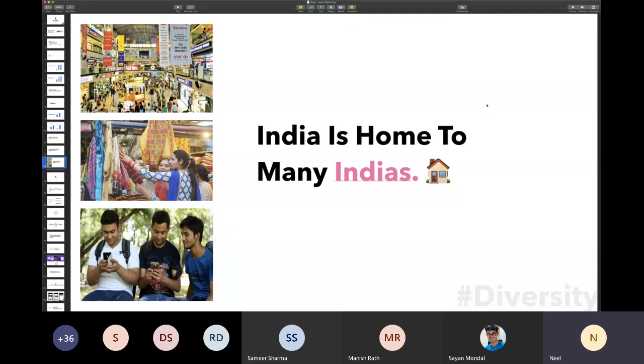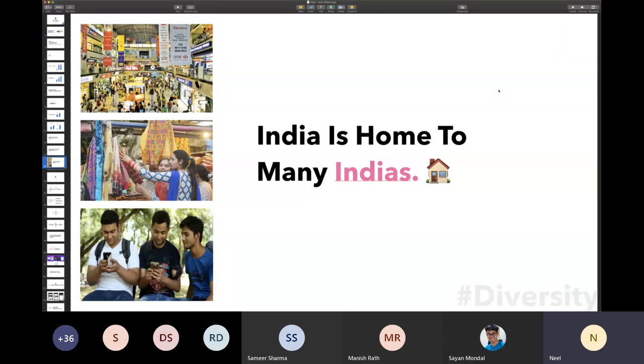To put things into perspective, let's just say that India is home to many small Indias, which could differ from region to region and across different cultures and sections of society, where lifestyles are different, perceptions are different, and what they've been taught from childhood till now is different. Their values are also somehow same but different. So culturally, India is a lot more diverse as opposed to the rest of the world.